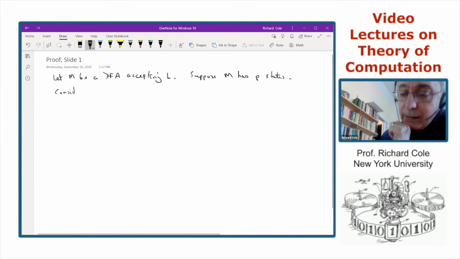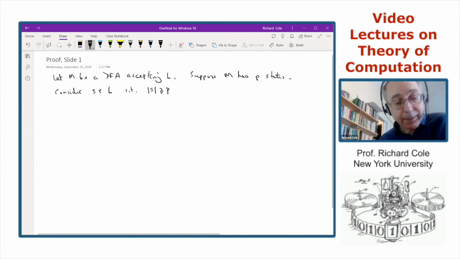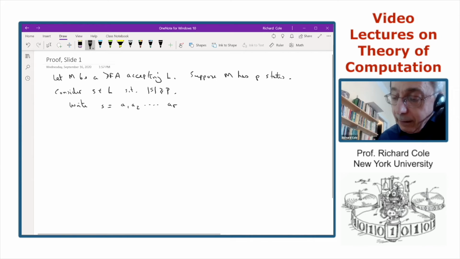It's going to be a string in my language such that S has at least P characters in it. And let me write S as just a sequence of characters. Let's call them A1, A2, through AR.